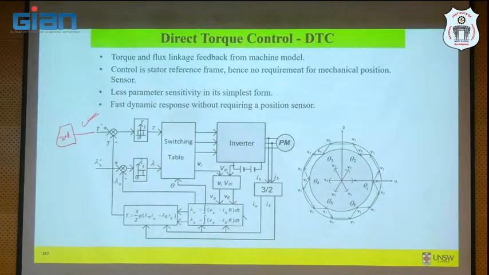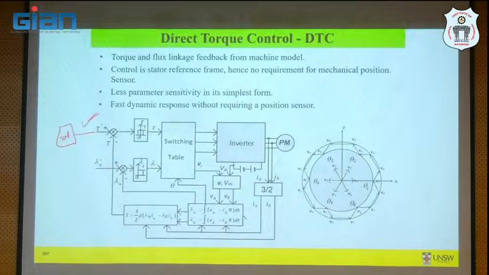The whole thing can happen actually in the alpha beta reference frame or stationary reference frame. So you do not need an encoder to do a DTC. Okay? So it is inherently a sensorless scheme, DTC. You do not need encoder. Okay?